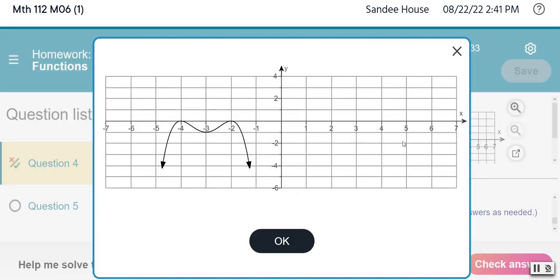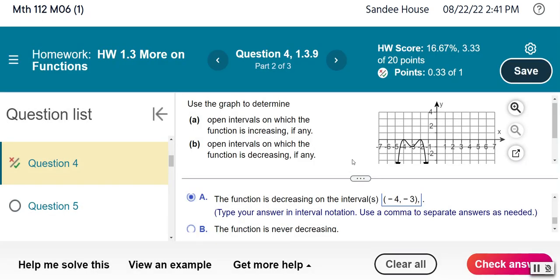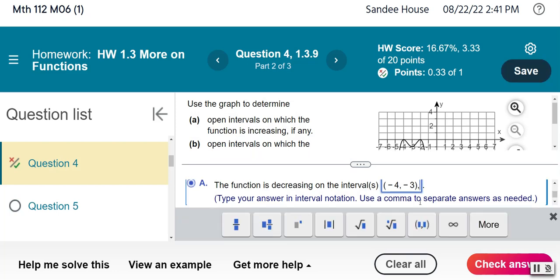So let's look at that one more time. Look, it's falling here, but we're describing the x values. This arrow means it goes out and it also spreads out. So from -2 to infinity. That's where it's decreasing.